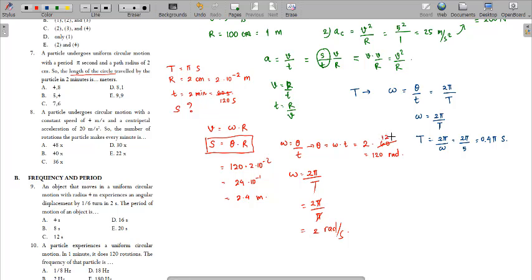So this is 120, the result is 240. So the answer is 4.8. 48 times 10 to the minus 1 equals 4.8. This is point, yeah. So this is 4.8.